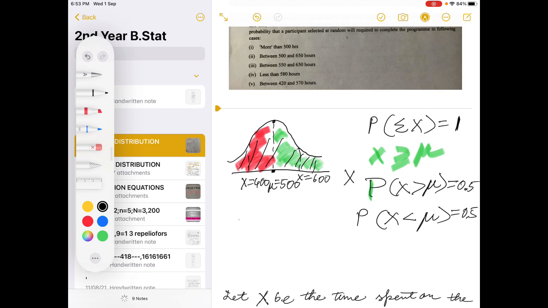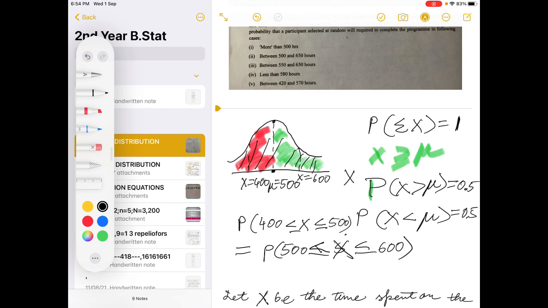That means if I want to find the probability of a value being between 400 and 500, that probability will be the same as the probability that a value of x will be between 500 and 600. Why? Because they are mirror images.